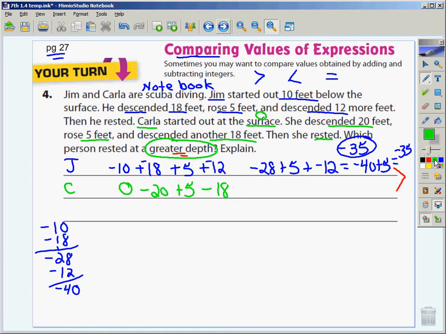Now I'm going to take a look at Carla. Again, we don't do subtraction, we do adding the opposite. The 0 is really an unnecessary number that's here. I see that I have 20 and 18 with the same sign, so I'm going to add the 20 and 18 together, giving me a negative 38.